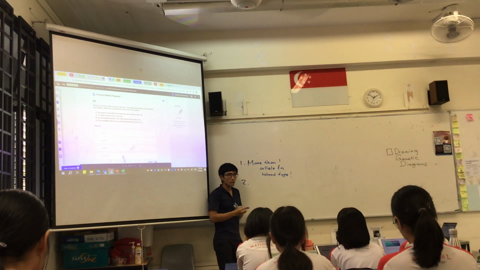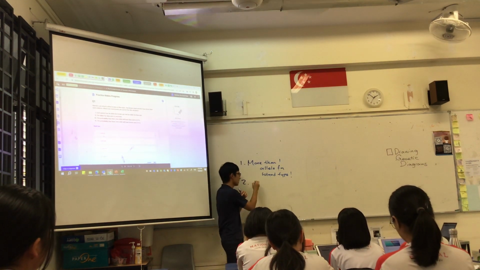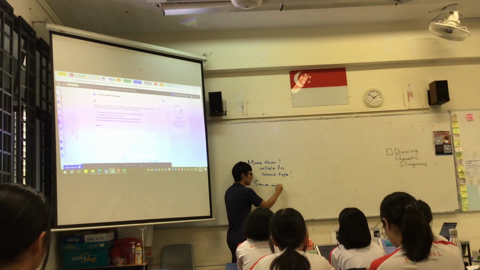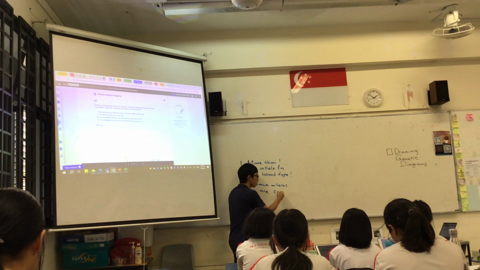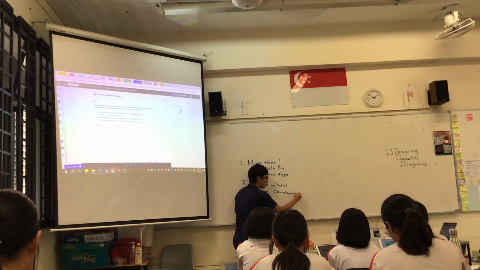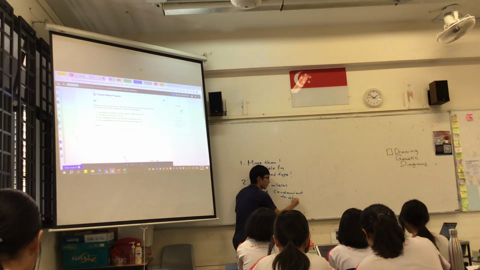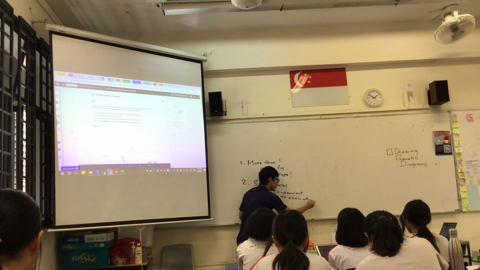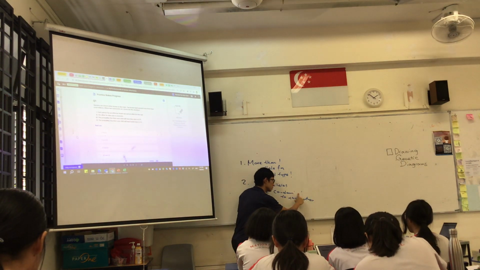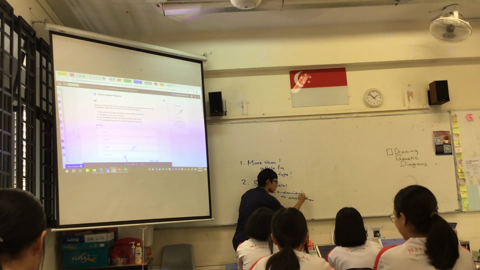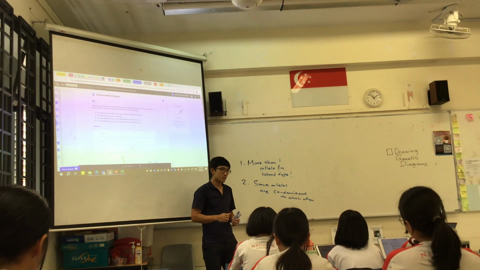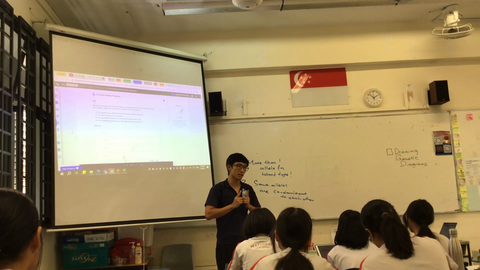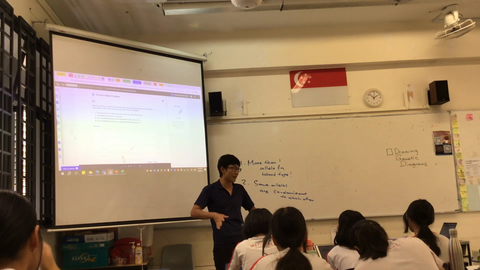Next, the interesting thing about blood types is that some alleles can be codominant to each other. Codominant to each other means that if you were to pair up two alleles together, both of them will show their characteristics.